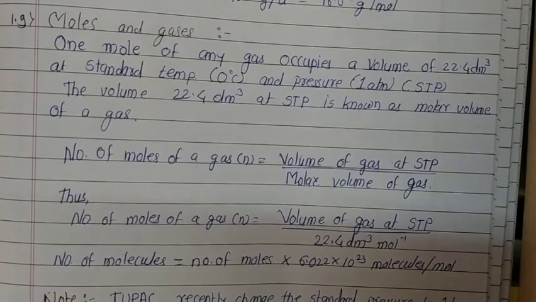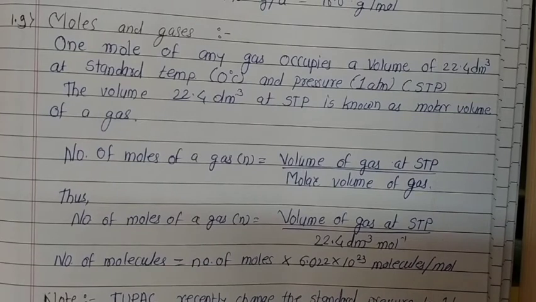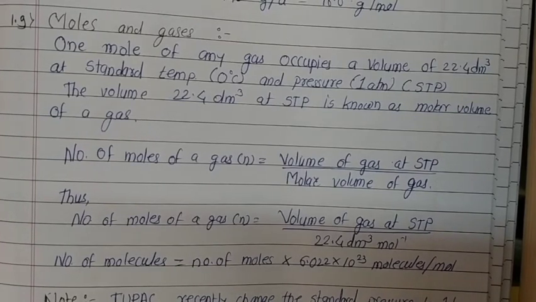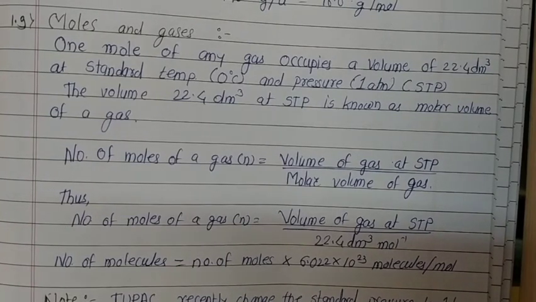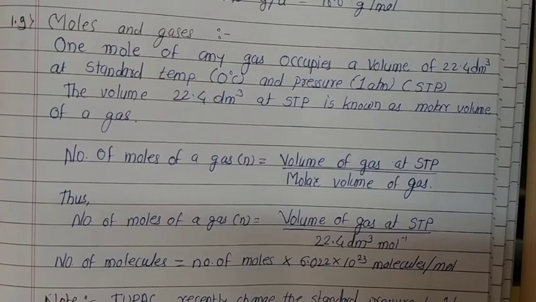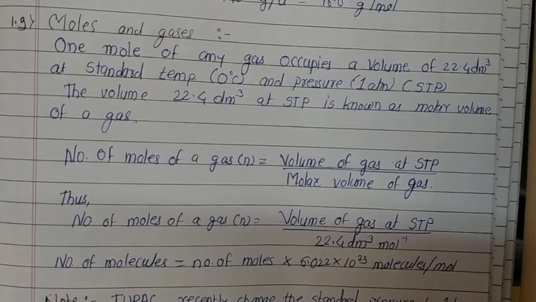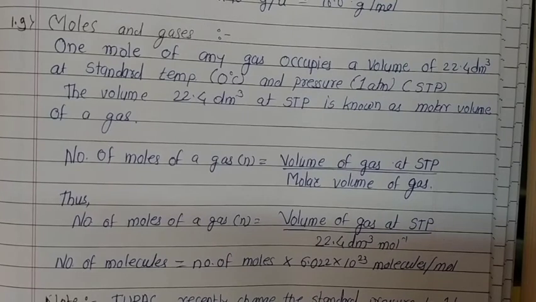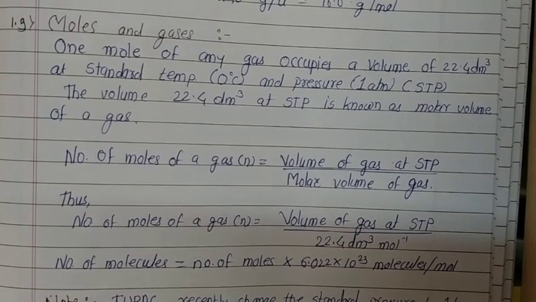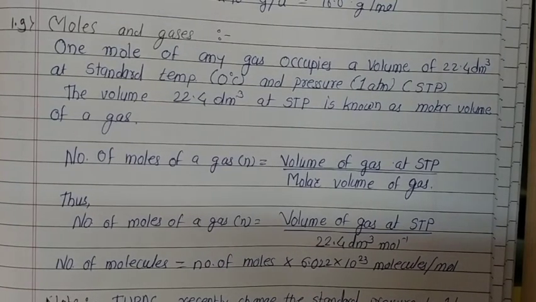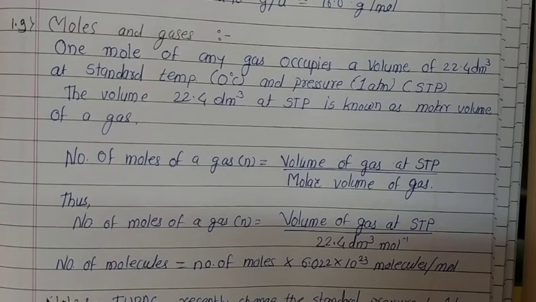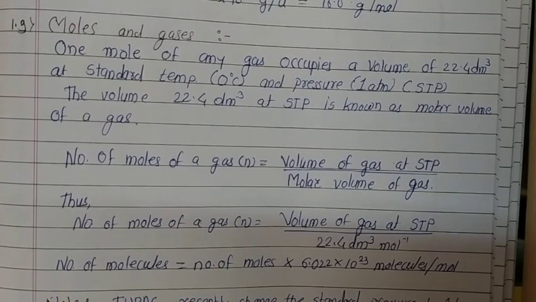The last point of this unit is moles and gases. Many substances exist as gases, and we can find the number of moles of a gas more conveniently by measuring the volume rather than the mass of the gas.